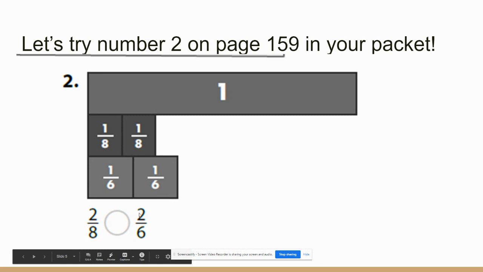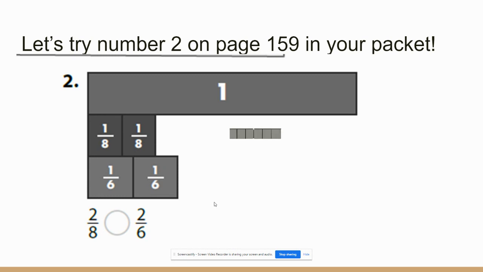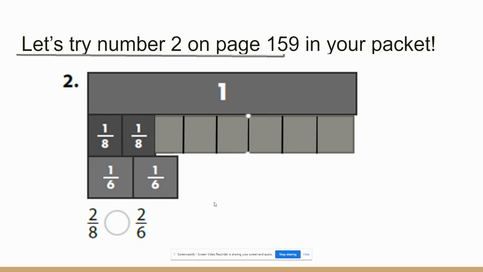What do you notice about the 2 fractions? Well, if you look at the 2 fractions, they have the same numerator. So that means for every whole piece, we had to focus on only 2 parts of that whole. Now, let's look at the 2/8. If we look at it as a whole, we know that 2/8 is 2 parts out of 8 equal parts.